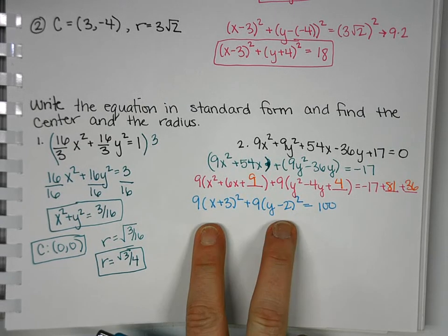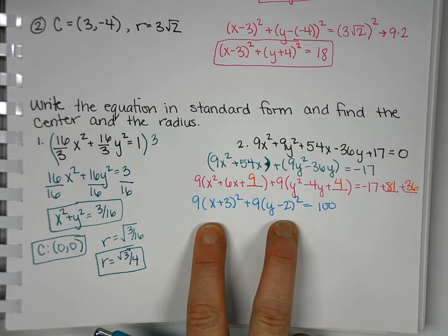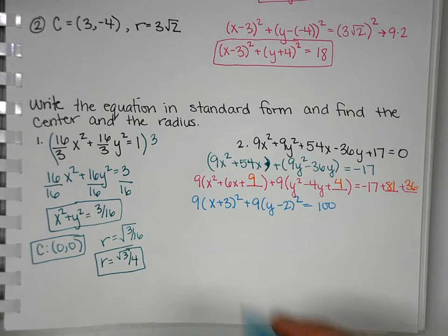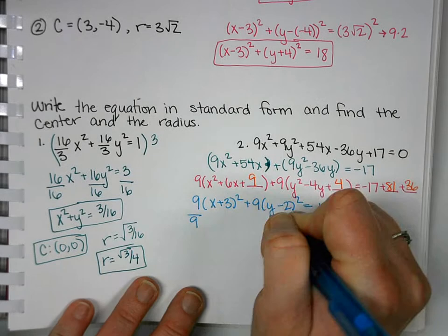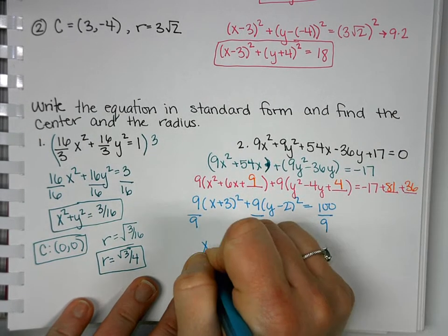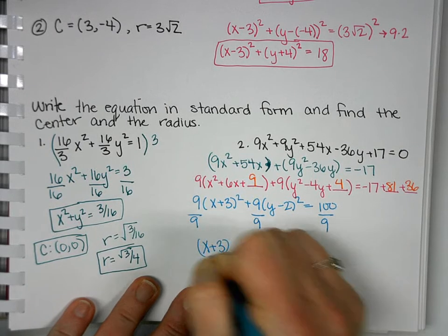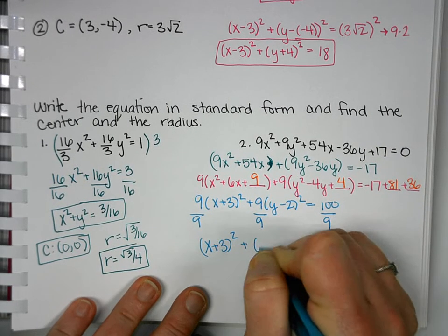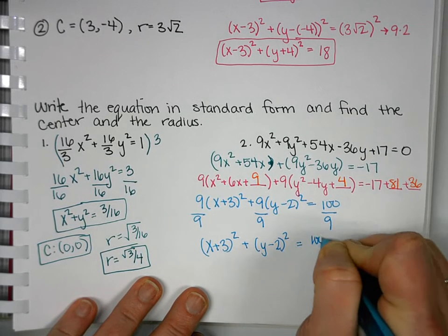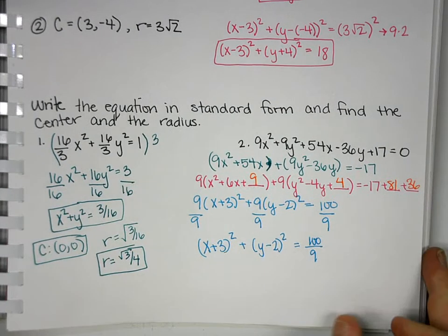We've got our x squared, x plus or minus something, and our y plus or minus something, both squared. But we can't have these coefficients of 9. So that means we have to divide everything by 9 to get rid of those coefficients. And so here would be our equation in standard form.